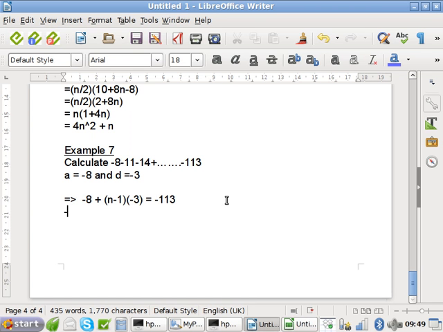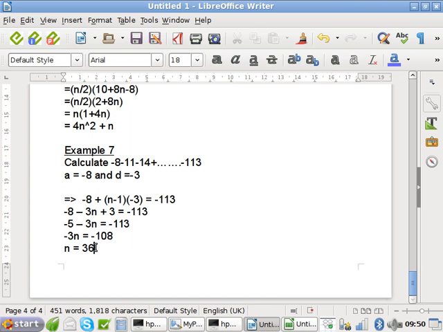So you have minus 8 minus 3n plus 3 should equal minus 113. Minus 5 minus 3n should equal minus 113. Minus 3n should equal minus 108. So then n equals 36.